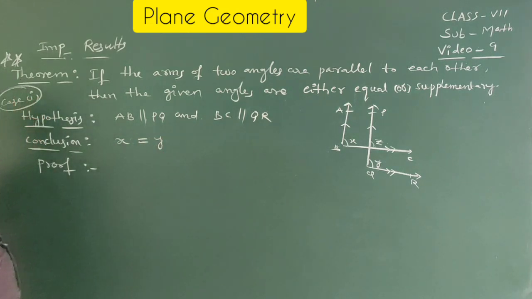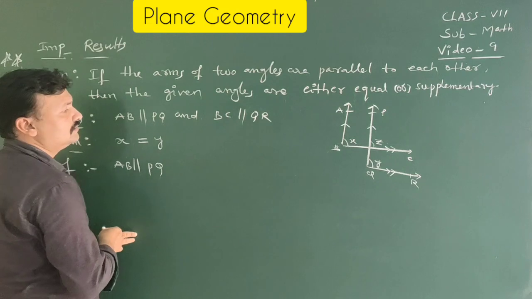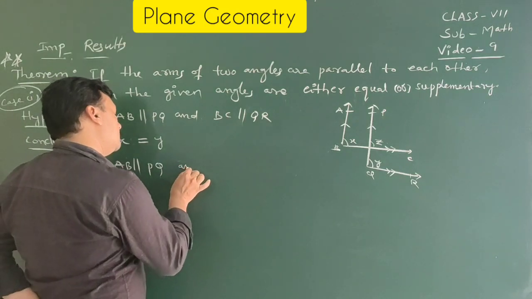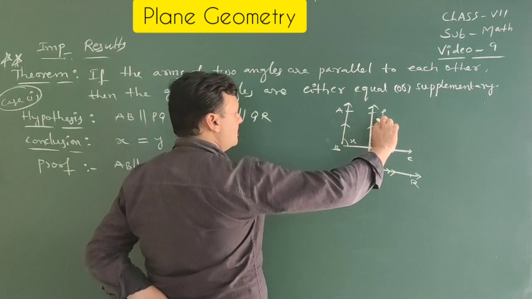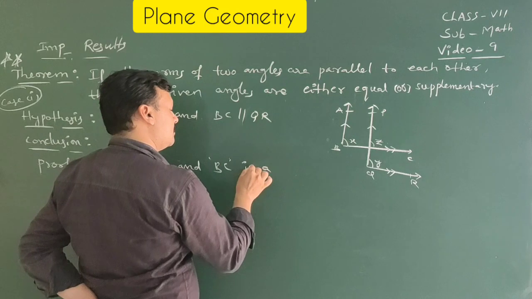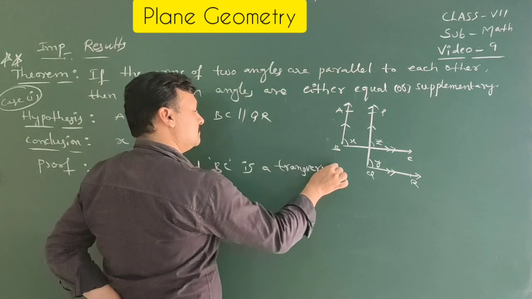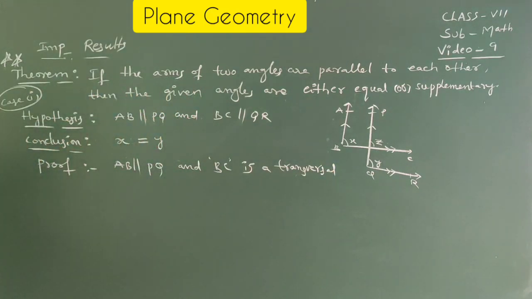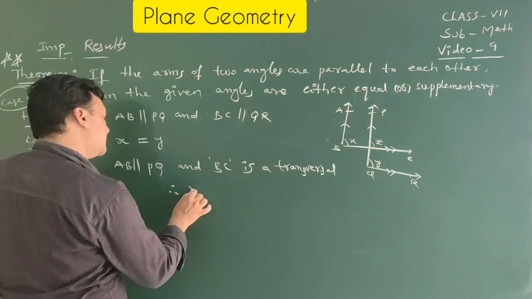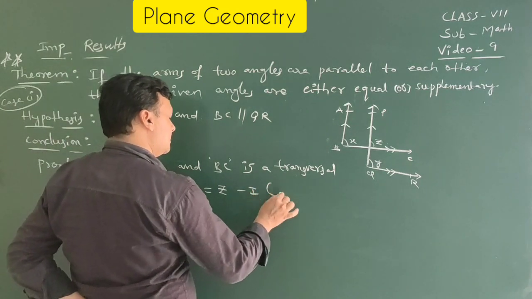For proving X equals Y, first condition: AB parallel to PQ and BC is a transversal. Therefore, X equals Z. Here X and Z are corresponding angles.